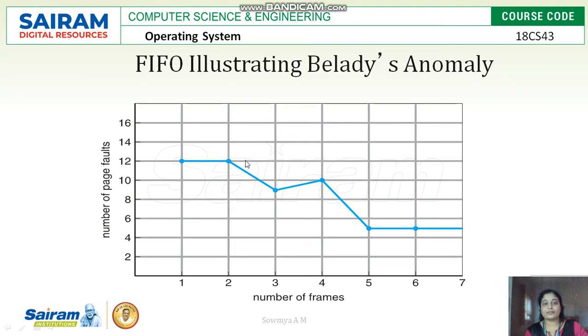So this is how FIFO works, illustrating Belady's anomaly, where first in first out has no consistent pattern of page faults increasing or decreasing. It only depends on the sequence of pages requested. The page faults vary with the number of frames.